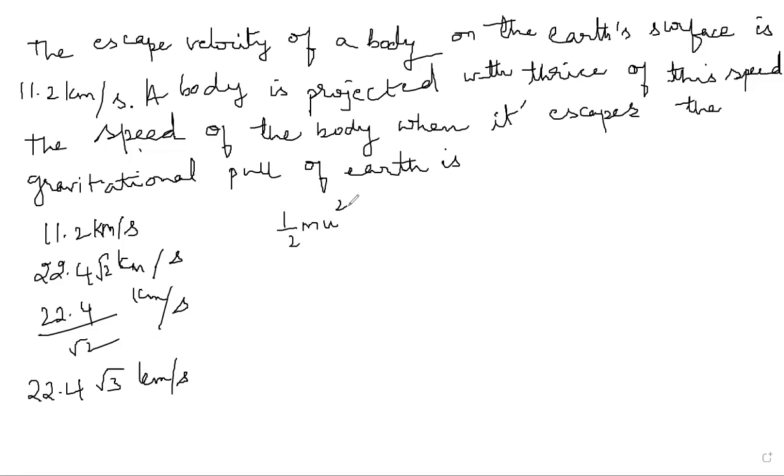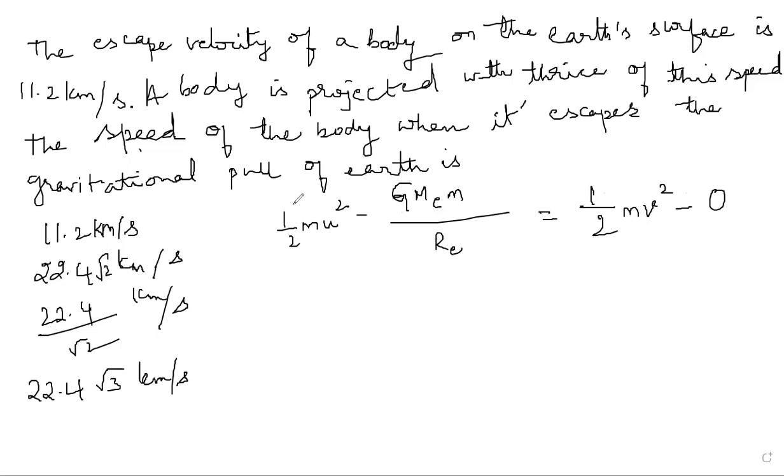half m u square minus GMEm divided by R, that is equal to 1 by 2 m v square. This is nothing but your initial, that will be equal to final, 1 by 2 m v square minus 0. Why? Because we don't have gravitational force there. Correct. So now what I'm going to do?